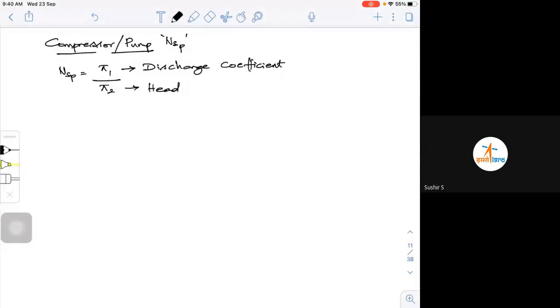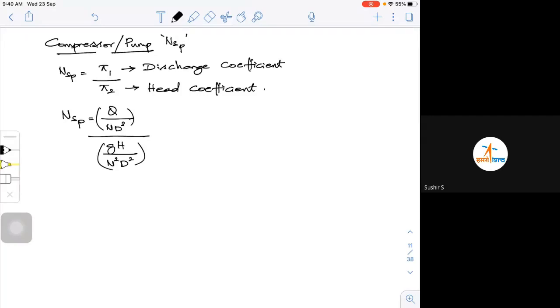I take the discharge coefficient and head coefficient to get a parameter which is independent of diameter. So NSP is Q divided by N d squared, that is one term, divided by GH divided by N squared d squared.